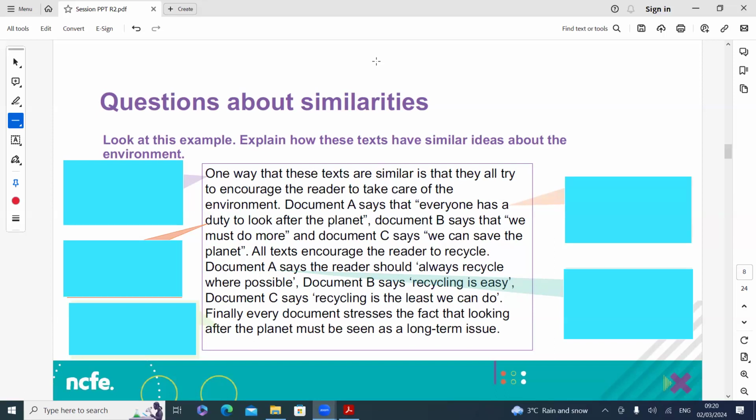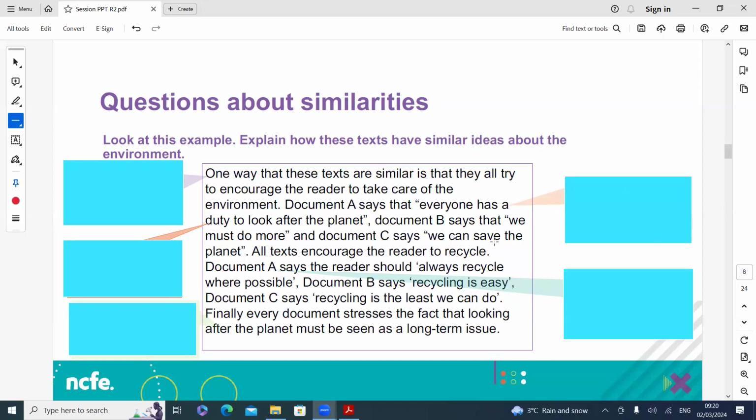They've included quotations from the text. Excellent, good. So there are quotes from the text. Document A says that everyone has a duty to look after the planet. And then we've got document B, we must do more, and document C. So they've taken a quote that has a similar meaning from each document.